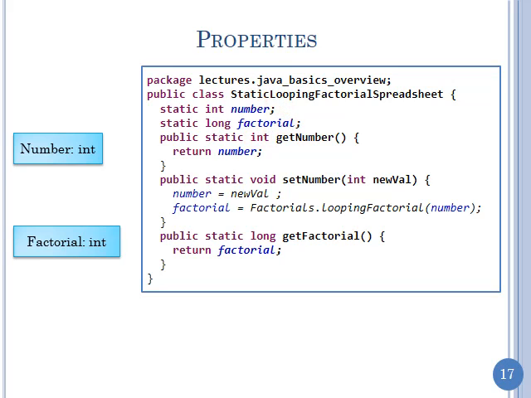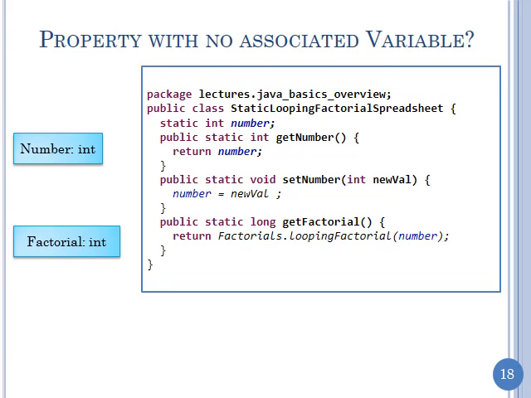Again, how does that become important? Let's look at a class that looks exactly the same from outside: getNumber and setNumber. What happened there? Okay. So I have getNumber and setNumber. My setNumber no longer is changing the factorial variable.